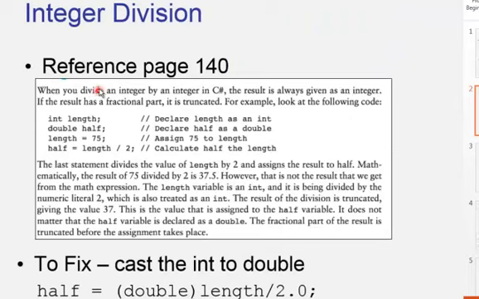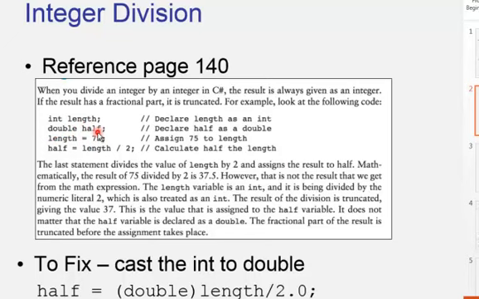On page 140, we reference integer division. And I want to do this because your assignment is asking you to do some integer division, and you might get some funny results. So in this example, we have an integer length. It's assigned the value 75. But we have a double half.